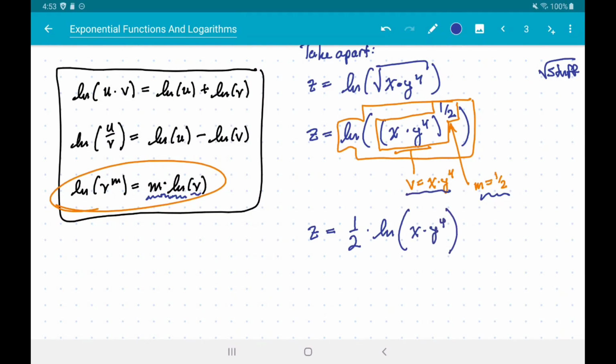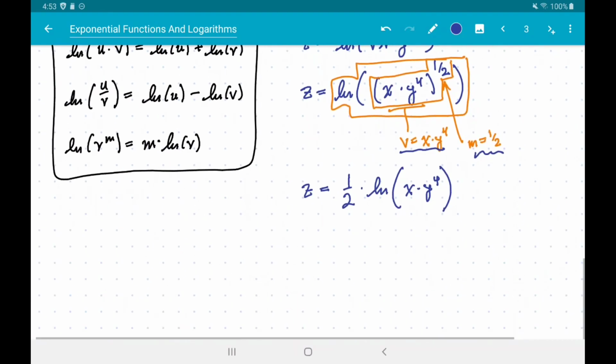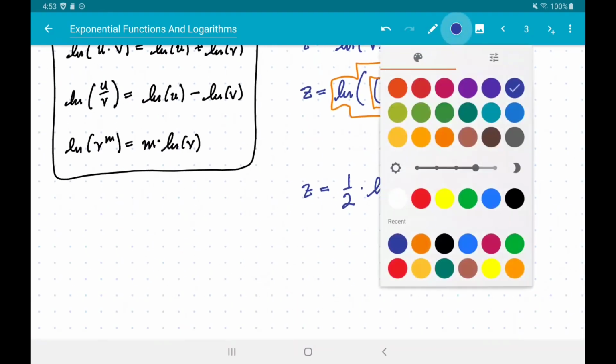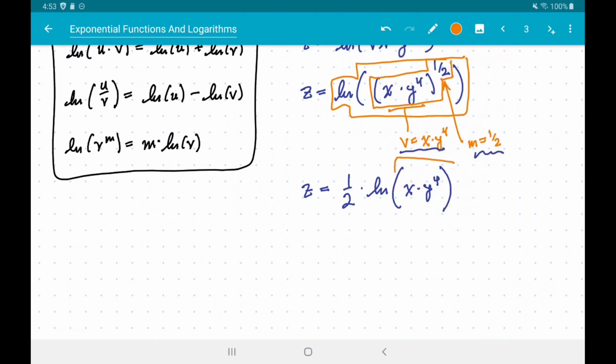Okay, so we've just handled one layer. Now we need to see what we can do with this substructure. We have ln applied to something. What is the outermost operation in here? Remember the exponent happens early and the multiplication happens after the exponent.